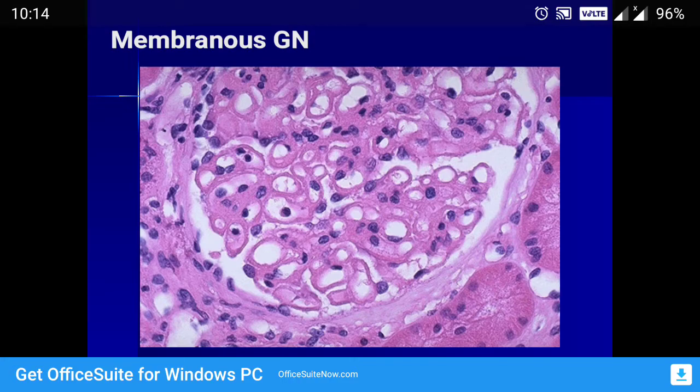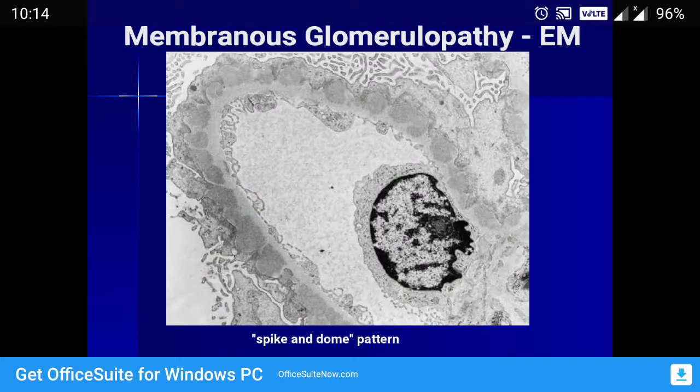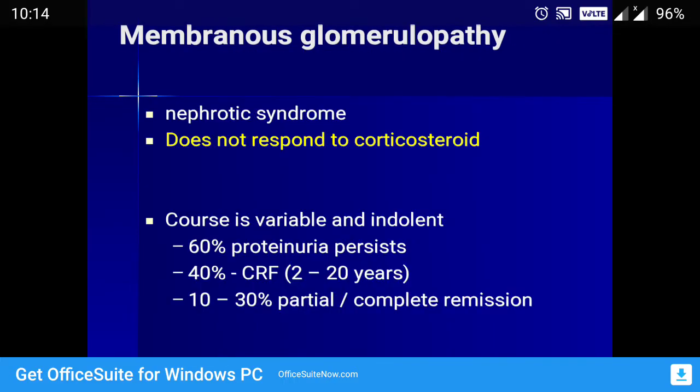In light microscopy, the basement membrane looks a bit thicker. This is the electron microscopy showing you the changes in the basement membrane. This is the immunofluorescence showing you granular deposits. Again, the patient presents with nephrotic syndrome. Remember, nephrotic is massive proteinuria.